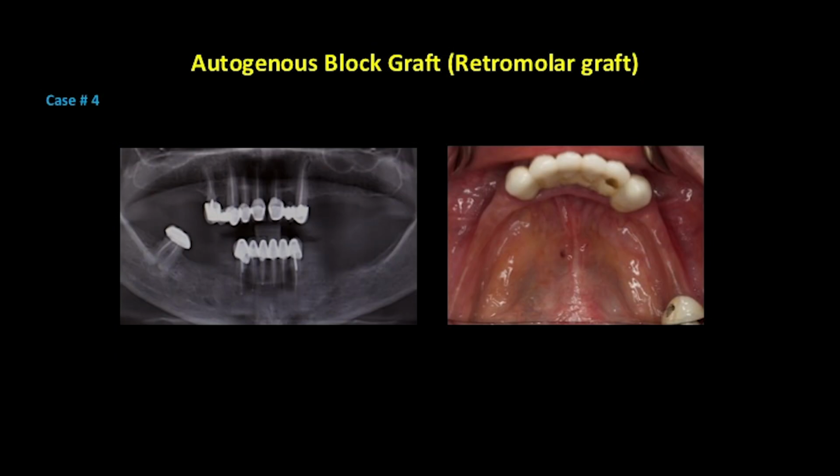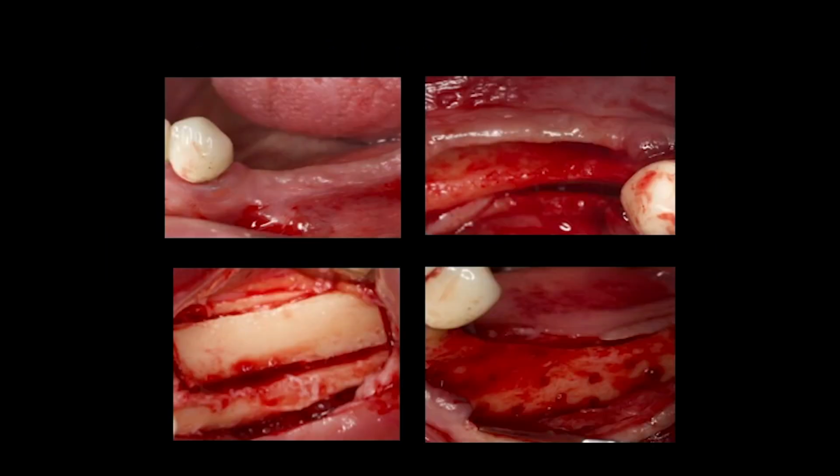Case number 4, autogenous bone block was taken from the retromolar area. Again, bilateral horizontal bone loss, Seibert class 1, but this time we used the retromolar area because it's near the site of augmentation. So this is the ridge, and we see the horizontal bone loss. This is after exposure, okay, and then we took a ramus graft.